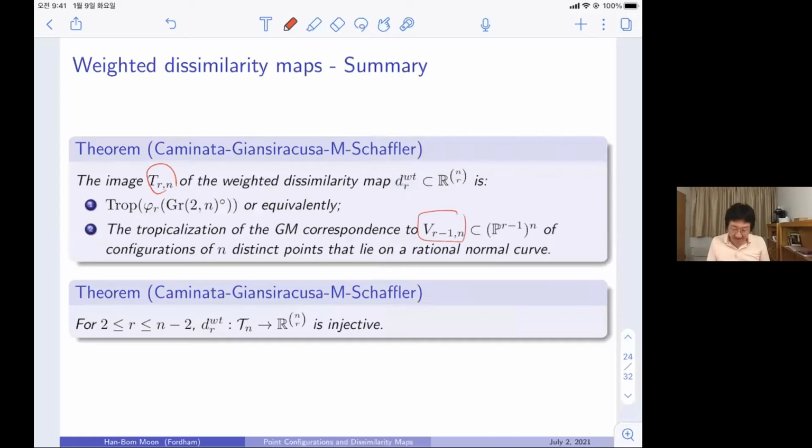And as in the case of the ordinary r-dissimilarity map, we could also show that this is injective, but now this is true for any r between 2 and n-2.